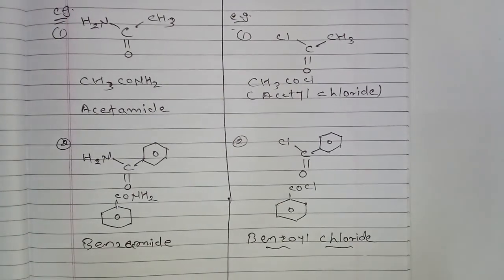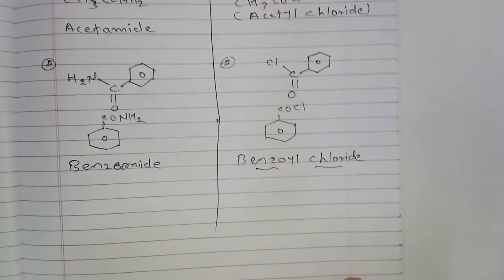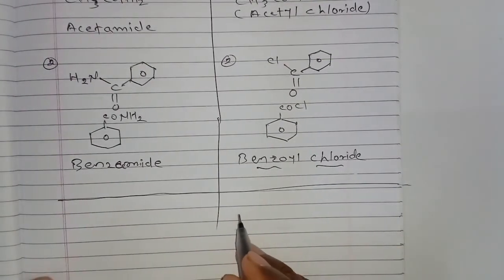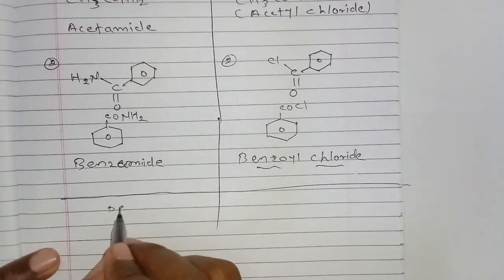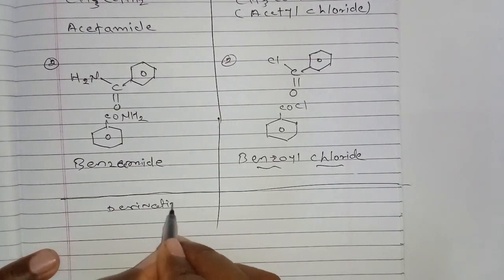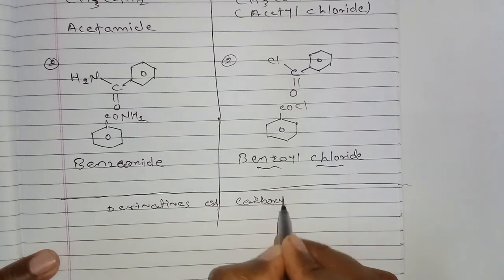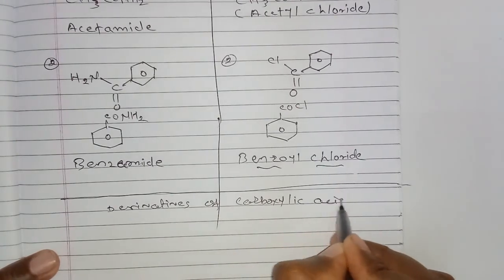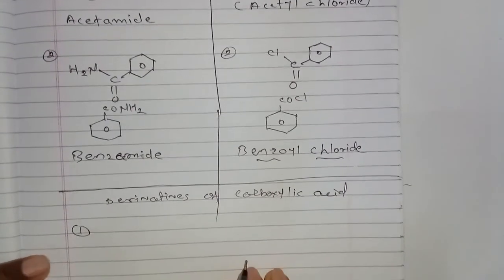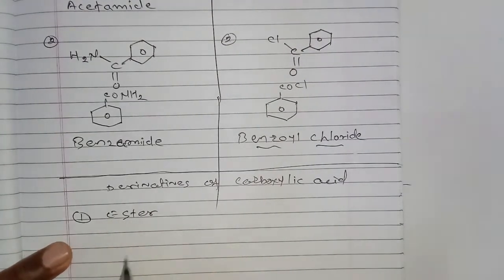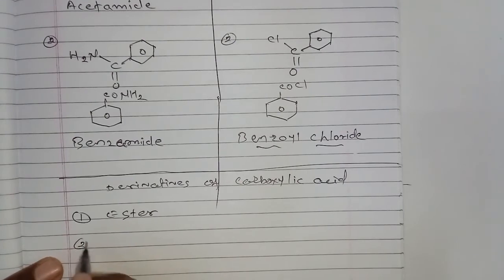Okay, so there are four derivatives of the carboxylic acid. Number 1, ester. Number 2, acid anhydride.